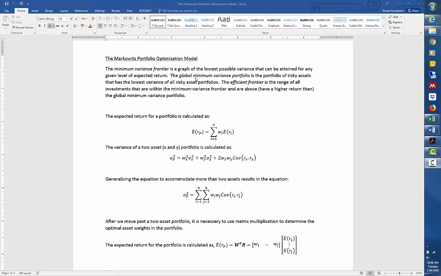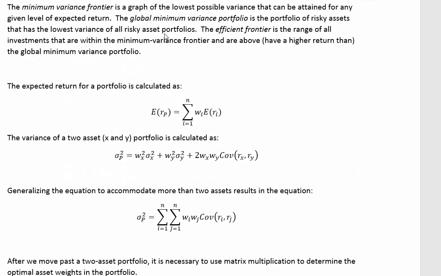The global minimum variance portfolio is the portfolio of risky assets that has the lowest variance of all risky asset portfolios. The efficient frontier is the range of all investments that are within the minimum variance frontier and have a higher return than the global minimum variance portfolio.